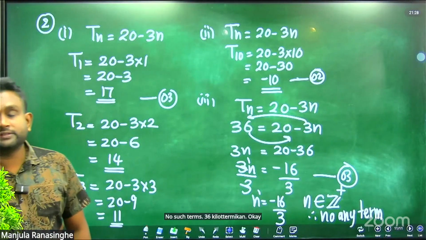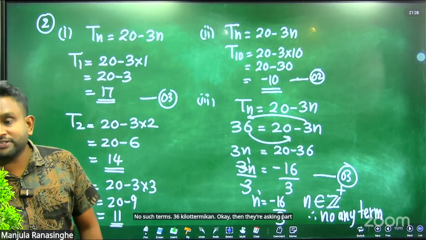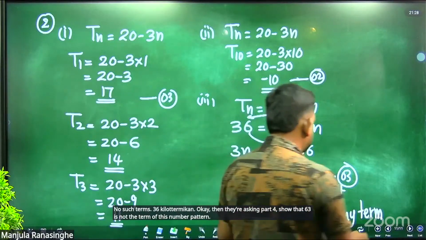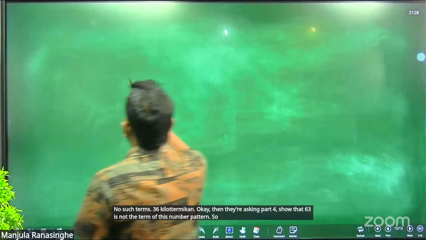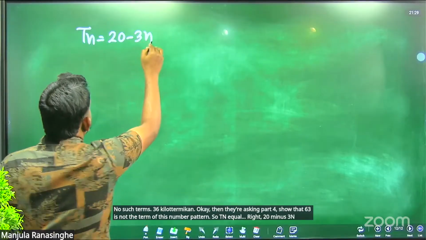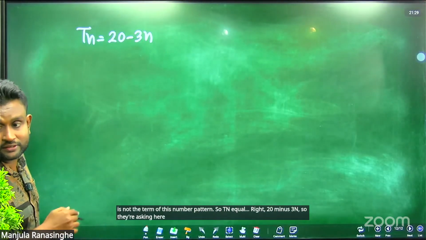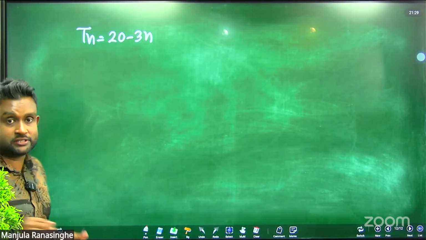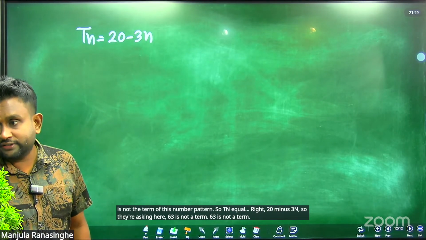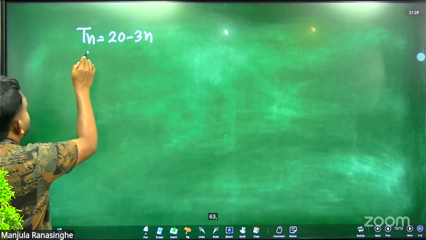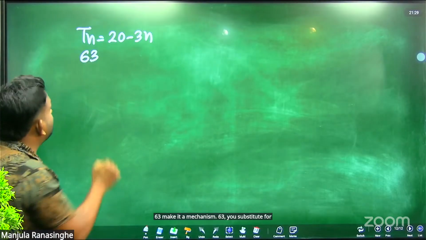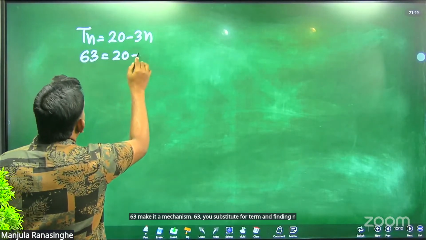Okay, then they are asking part 4: show that 63 is not a term of this number pattern. That is also a question asked in this way. So Tn equal 20 minus 3n. They're asking to show that 63 is not a term. You substitute 63 for the term and find n: 63 equal 20 minus 3n.